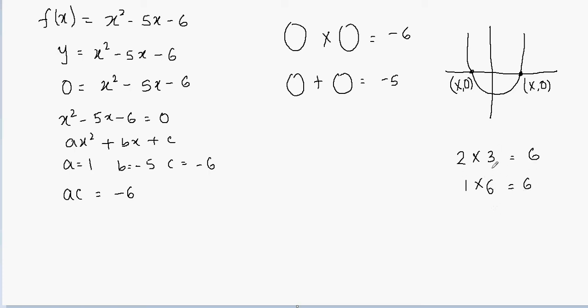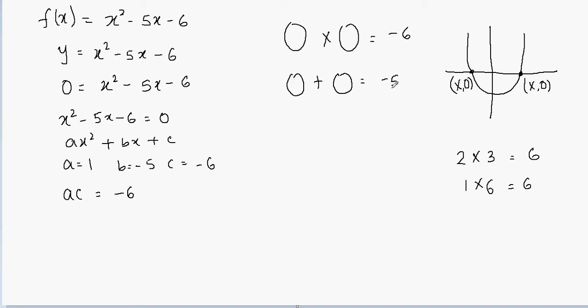Now I have to think which one will fit in both cases. If I take 2 and 3, not looking at the sign right now, 2 times 3 is 6. Good. And 2 plus 3 is 5, but it will not be negative 5, right?